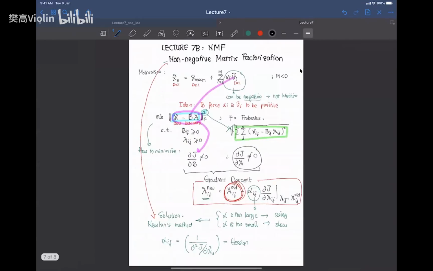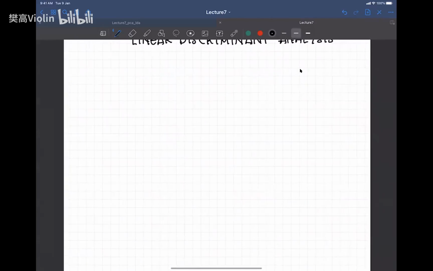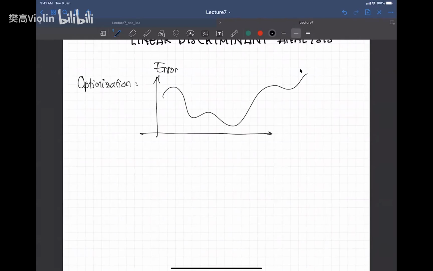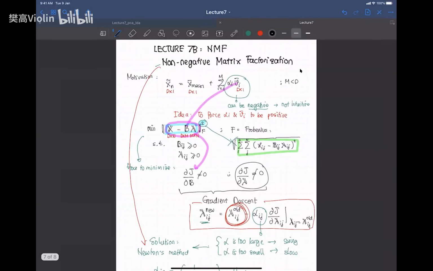Okay, so this one is actually part of the optimization. It's an optimization question. In optimization, whether minimization or maximization, you have this kind of graph. This is the error. Error here means J in our equation. J is the error.